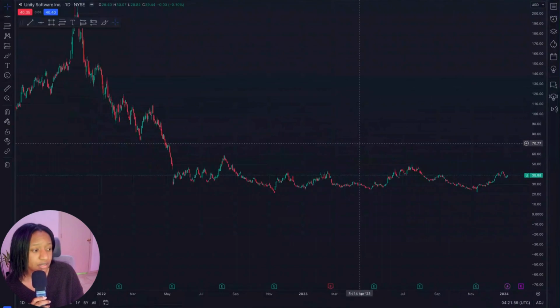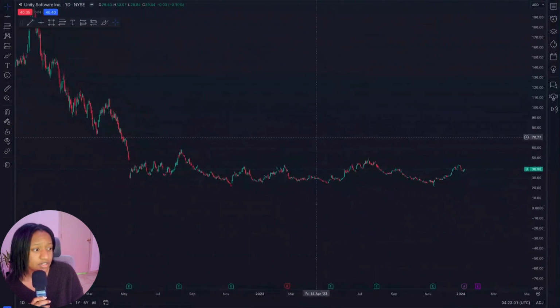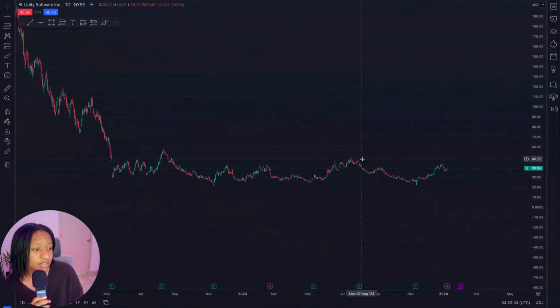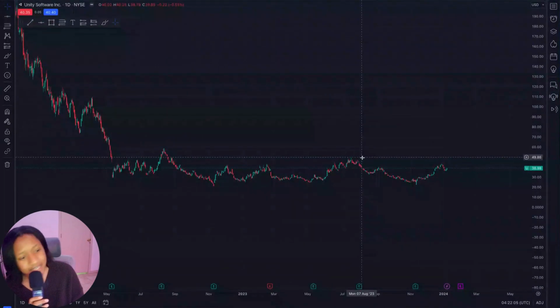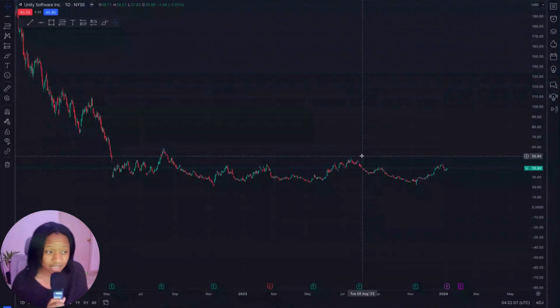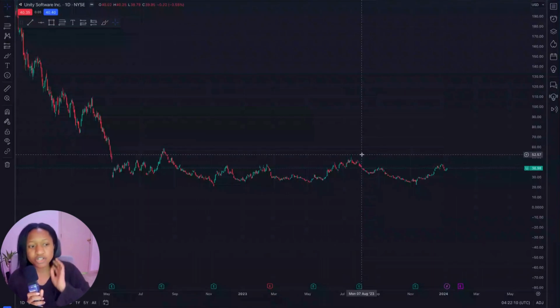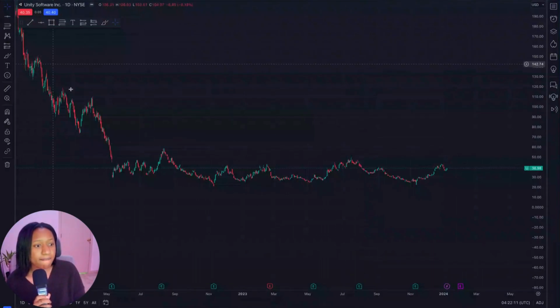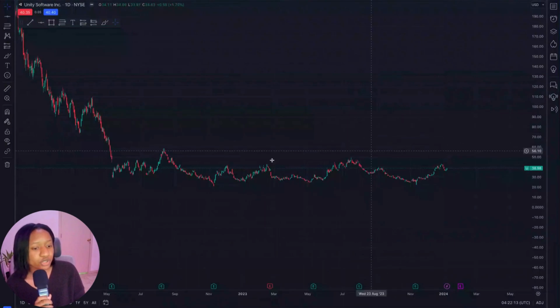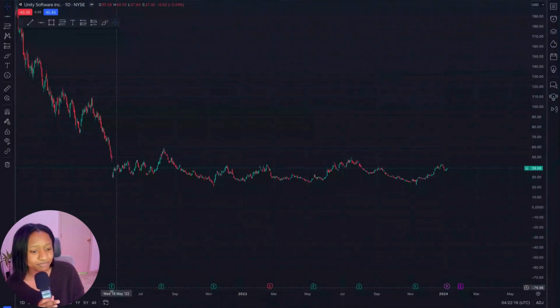And it does kind of look like I can't tell the overall trend. I think the overall trend is a downtrend, but it's slowly coming back up. So we're just gonna have to deal with it since 2022.